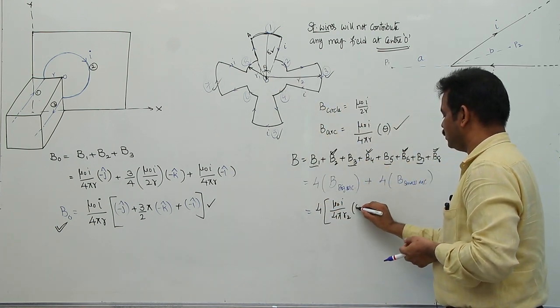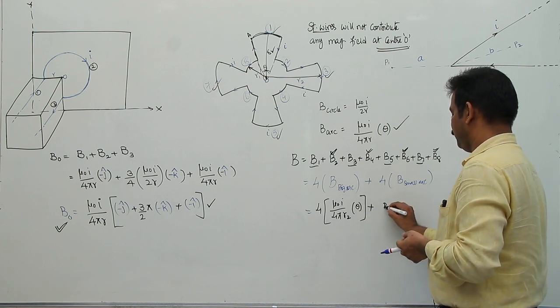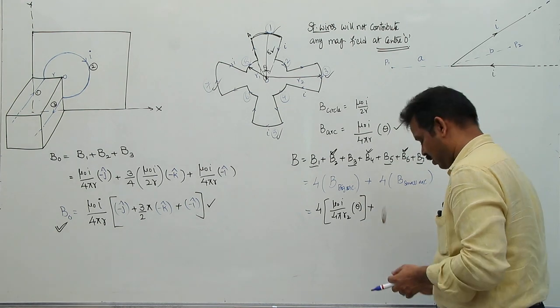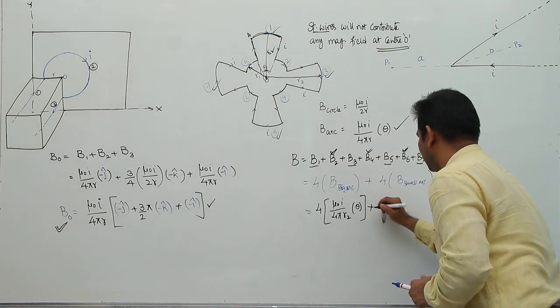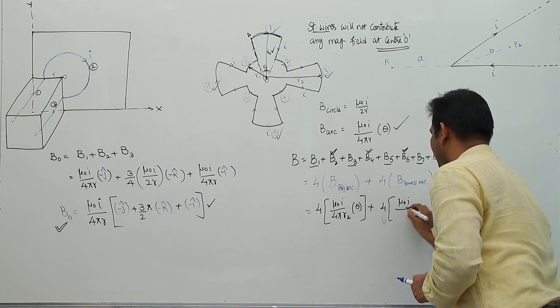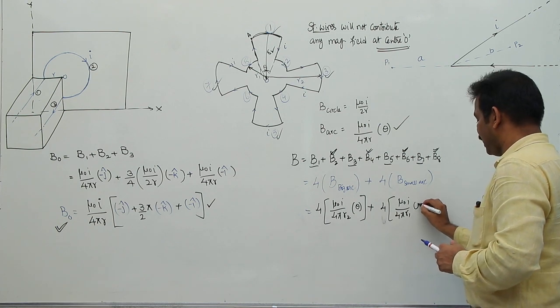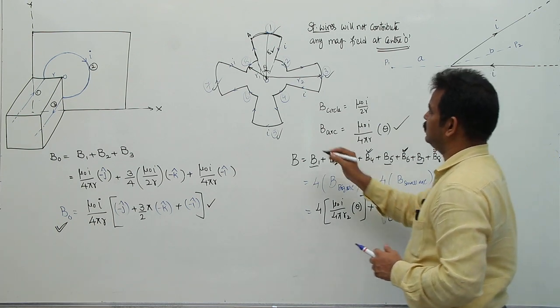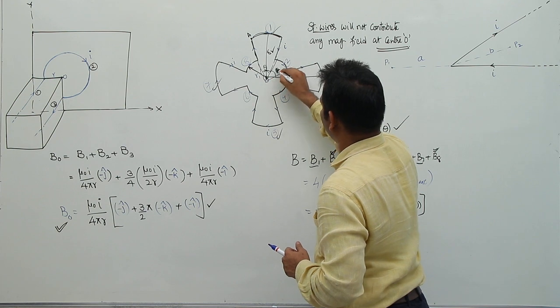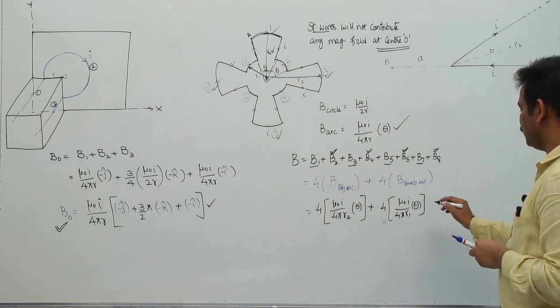So directly I am going to write this as theta only, plus B4 into, now I am going to write small arcs, 4 into mu naught I by 4 pi r1 into this angle also theta, as this is also subtending the same angle here, because it is divided into 8 equal parts. So all angles will be equal.